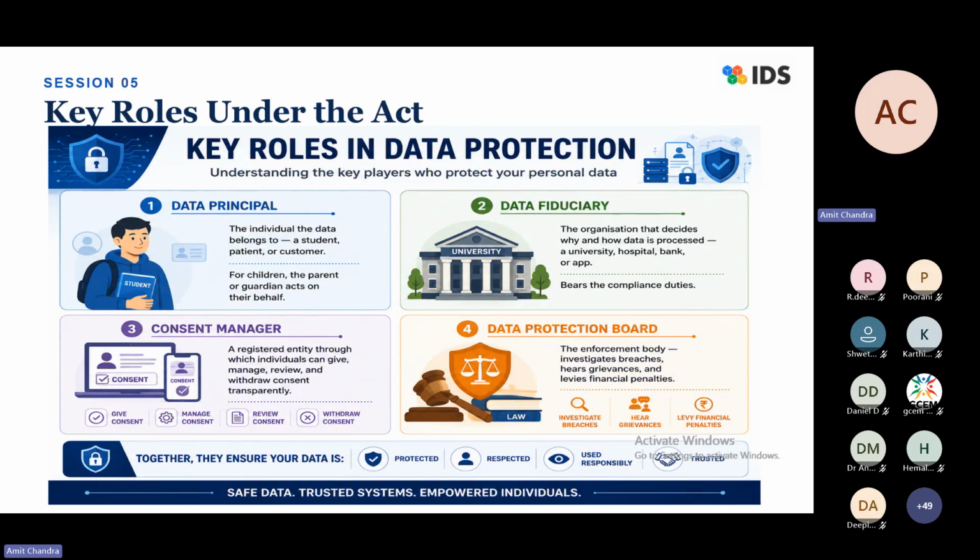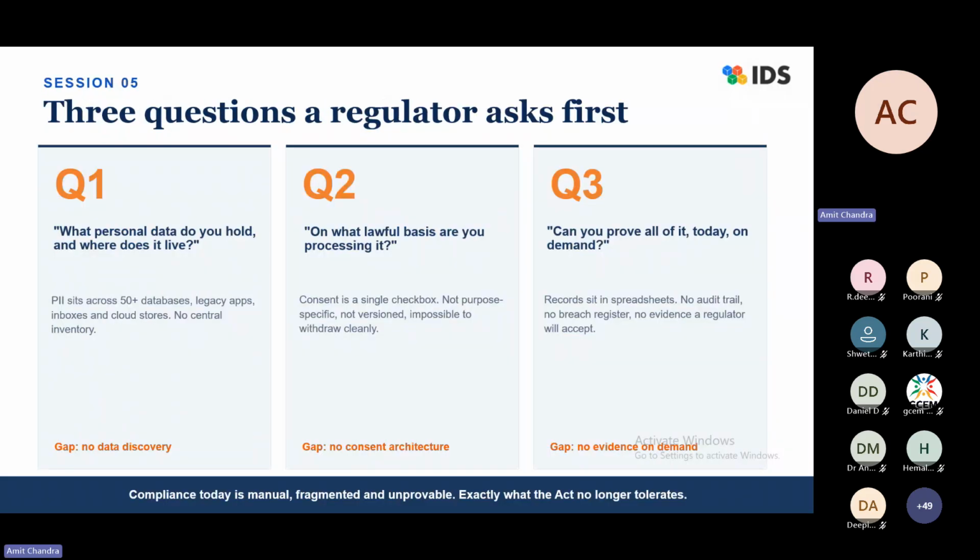And data protection board, it's a legal entity. It's the government of India board, which any time can ask you for the report, and as a data fiduciary, you can connect to your consent manager. That is, in case of us, if it is IDS, then you can connect with us and ask for the details. Okay. So three questions a regulator can ask you.